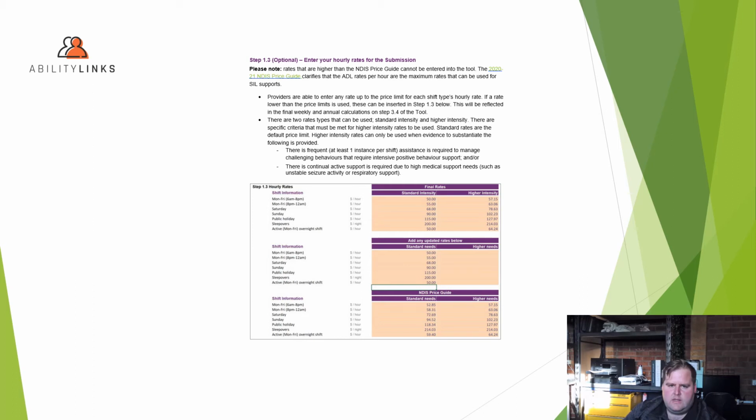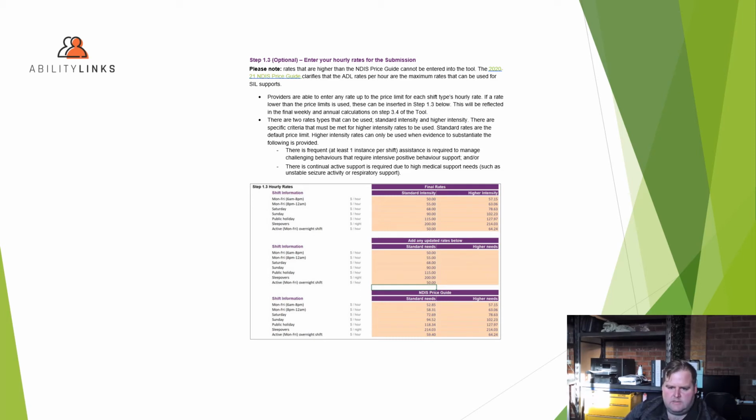So in this section of the guide, we're filling in our rates. Obviously, again, the price guide applies. We can just follow through at this point and make sure that when you're sending through your ROC, the prices match the current price guide, which changes quite regularly.